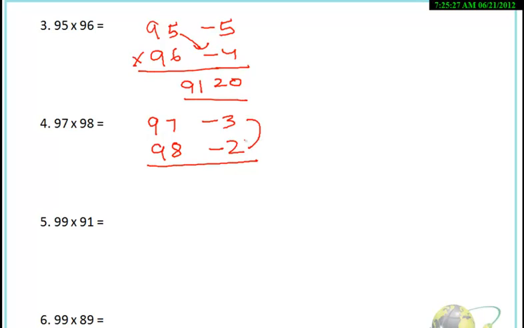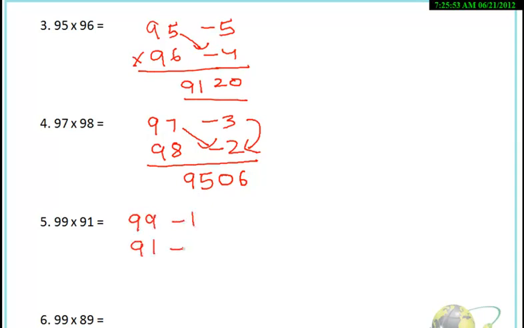So 3 twos are 6, but we will write 06. Now with the cross subtraction, 97 minus 2, we'll get 95. As a whole, the calculation becomes 9506.